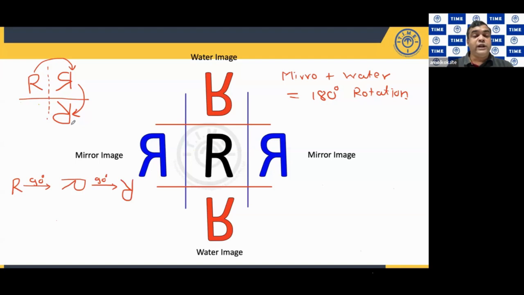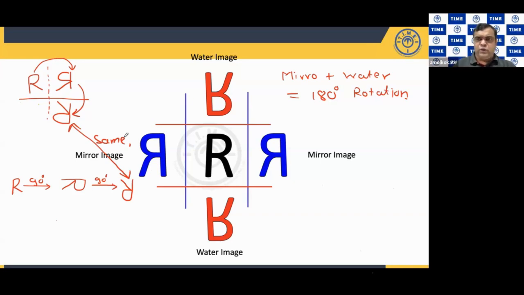Now, can you see these two figures are the same? So mirror image plus water image is as good as 180-degree rotation. Now, why am I giving you that? Because I have particularly chosen the letter R, because R is not a symmetric figure. But for a symmetric figure, sometimes it can cause confusion.